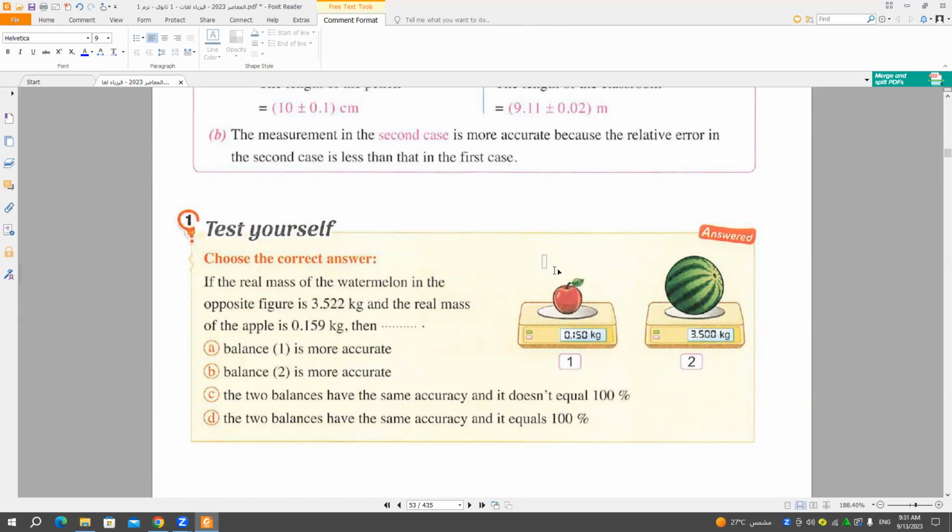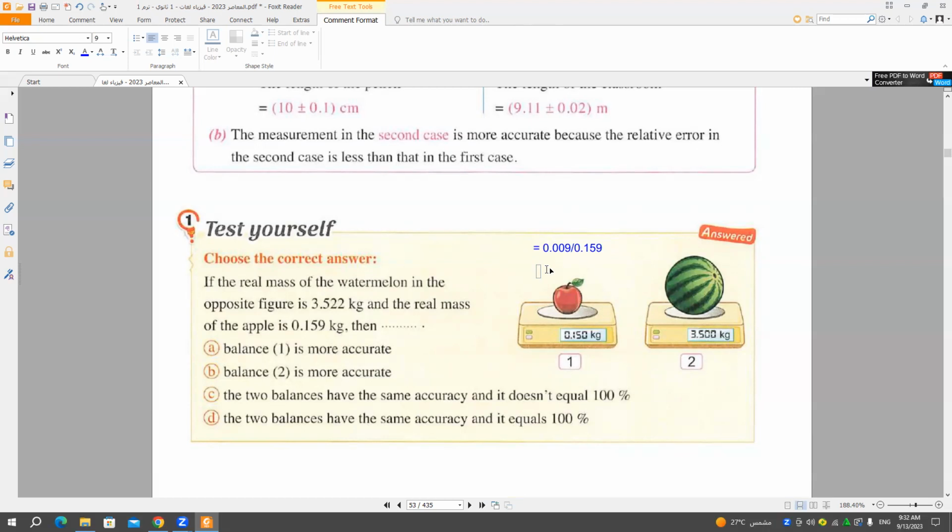The relative error for the apple equals the real value of the apple minus the measured value, which is 0.009, divided by the real value, 0.159.